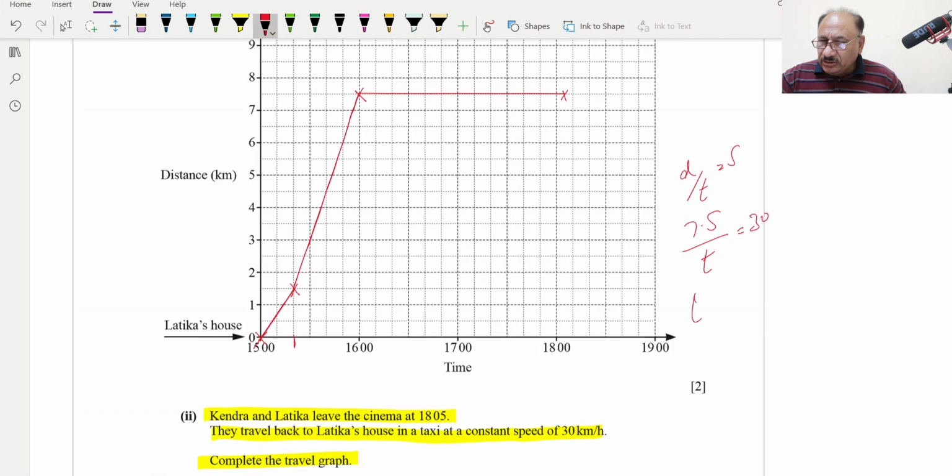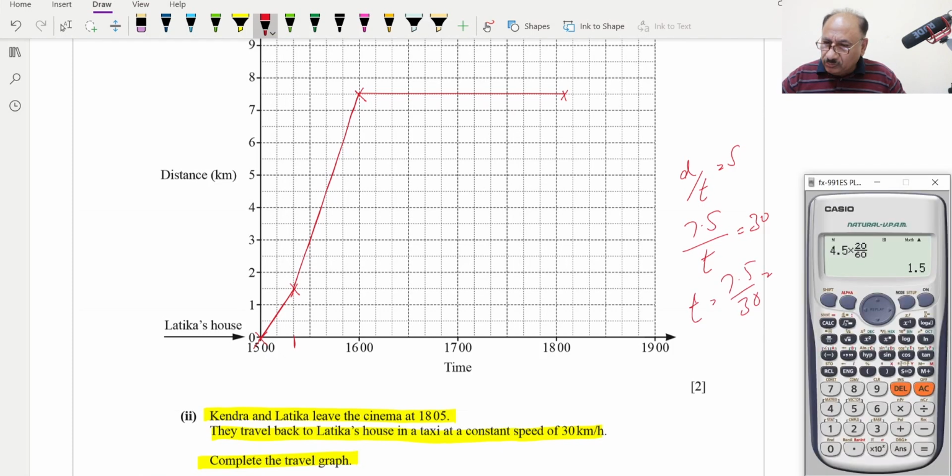So t will be equal to 7.5 over 30, and this will be equal to what? 7.5 divided by 30 will be equal to 0.25. 0.25 means what? In terms of time it will be 15 minutes. So basically it will be 15 minutes.